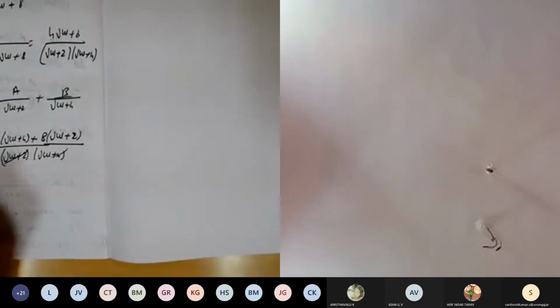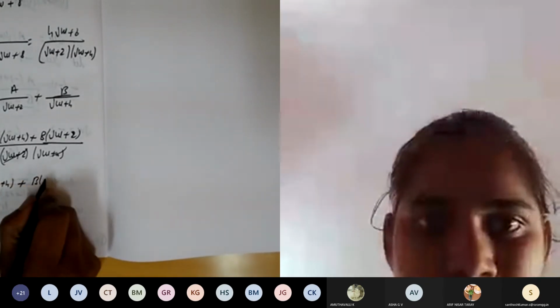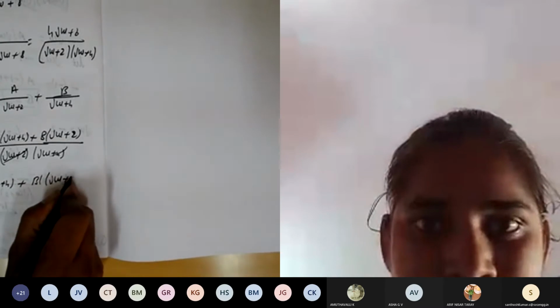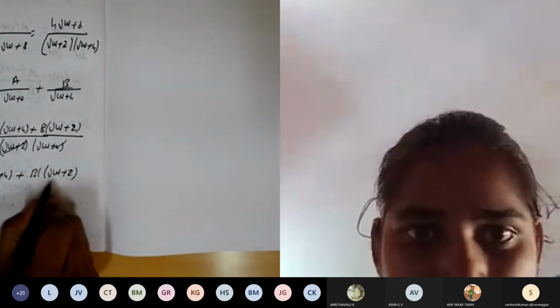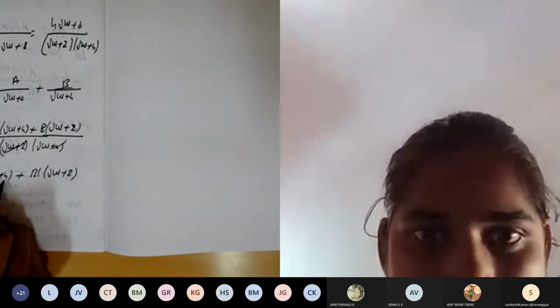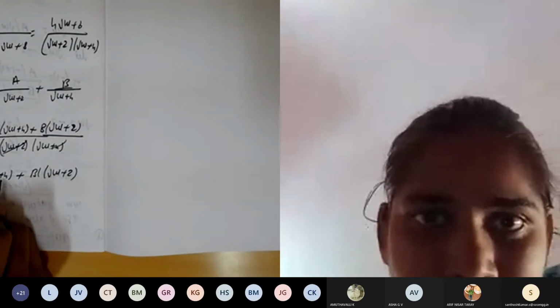So the denominator terms will get cancelled. The remaining term is 4 j omega plus 6 equal to A into j omega plus 4 plus B into j omega plus 2. Now if I substitute j omega is equal to minus 2, these terms will get cancelled. If I substitute j omega is equal to minus 4, these terms will get cancelled here.